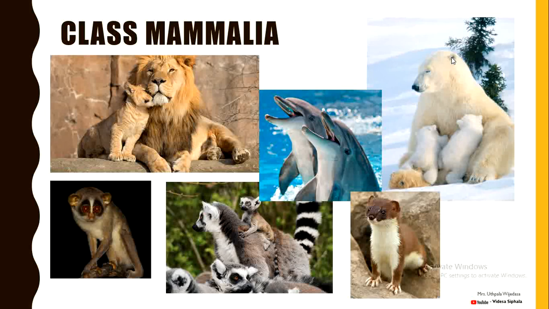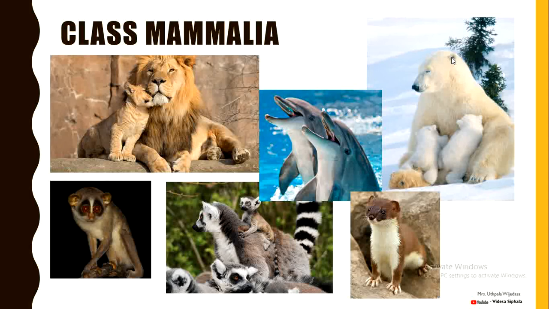Like aves, the birds, mammals also have four-chambered heart with two atria and two ventricles. They show complete double circulation, meaning that blood passes through the heart twice when that blood passes through the body once. When blood passes through the body once, that blood has passed through the heart twice. That is what we call as double circulation.